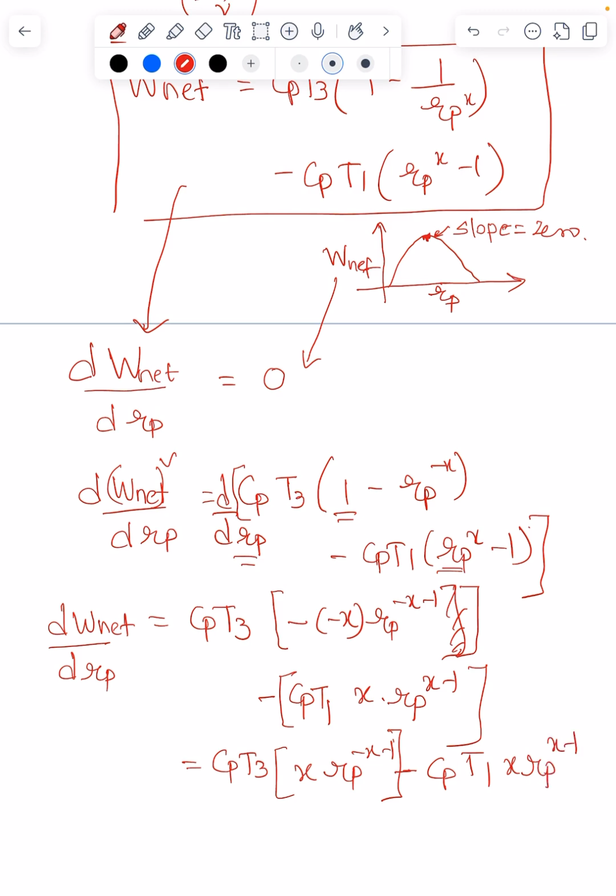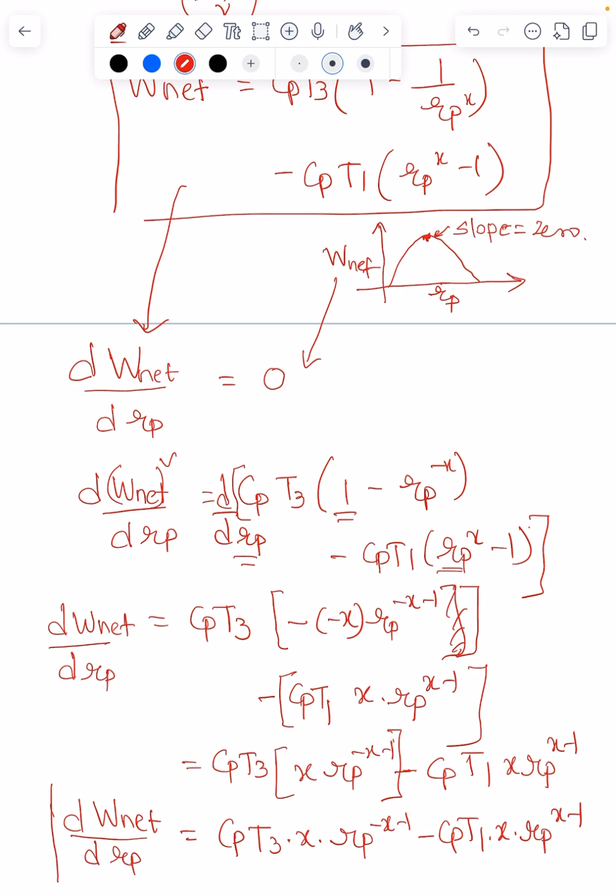So if you differentiate it properly, differentiation of work net with respect to Rp is Cp T3 into x into Rp raised to minus x minus 1 minus Cp T1 into x Rp raised to x minus 1. Please do the differentiation and check, make sure that you get this value.